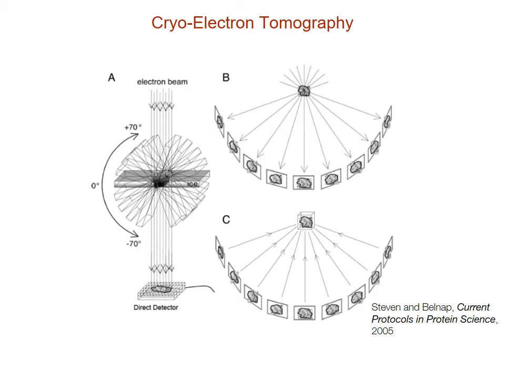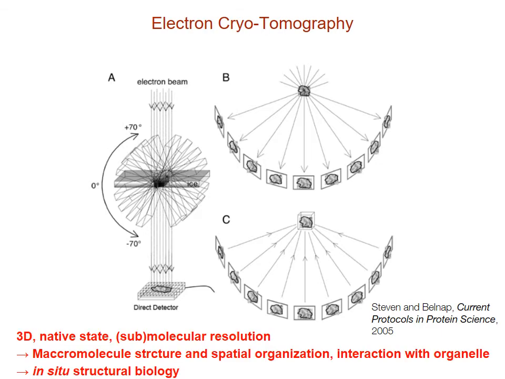Then we can rotate the sample to obtain a series of projection images, and these projection images are used to construct a 3D image of the cell sample at its close to native state and with submolecular resolution.